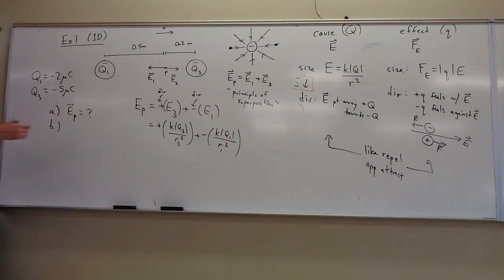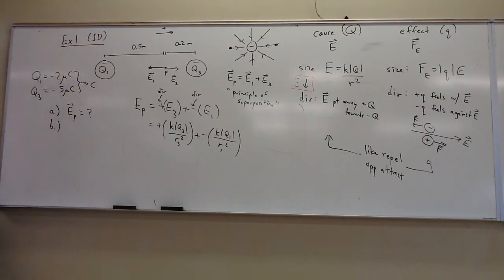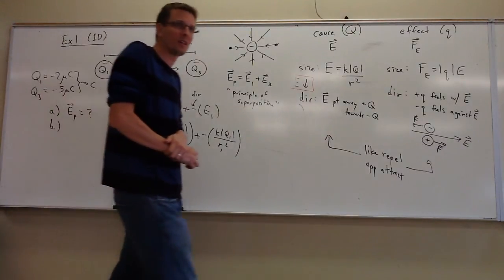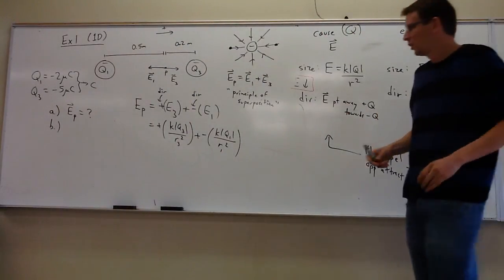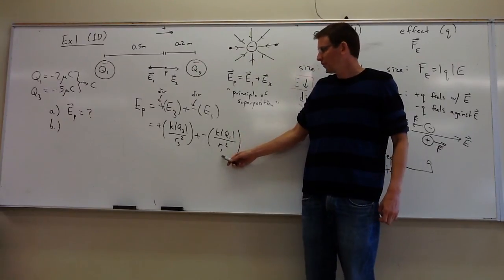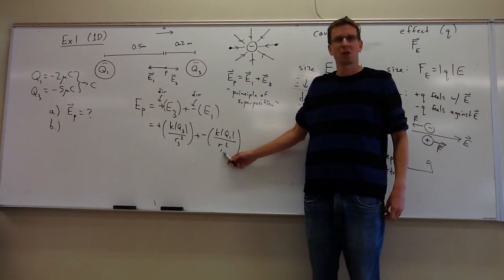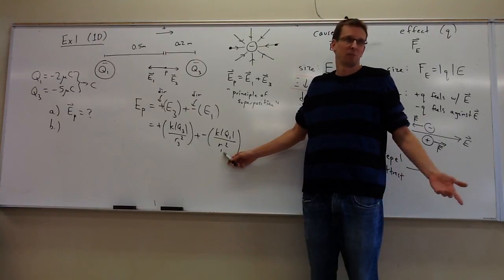First of all, I have both charges. Make sure you convert them into coulombs before you put them in. And then the other thing I just have to identify is not only what are the influences to point P, but how far are you away from each influence at point P. So for Q1, let's say, we have to identify how far are we away from charge 1. What do I put in there? 0.5, right?